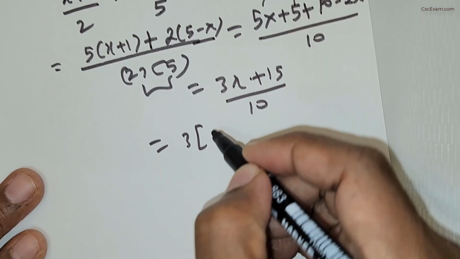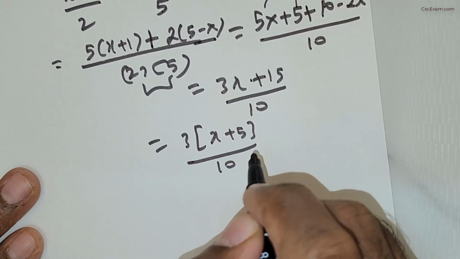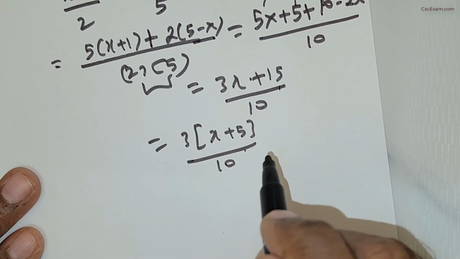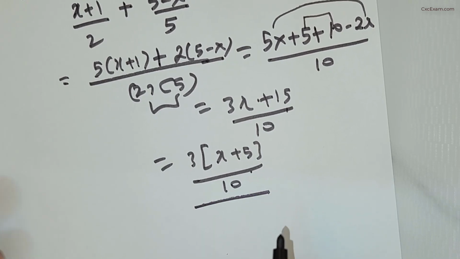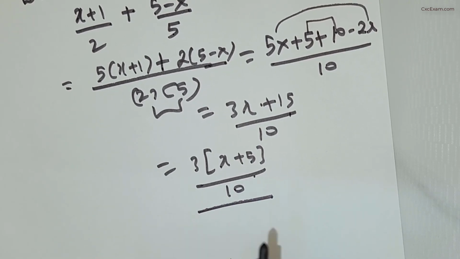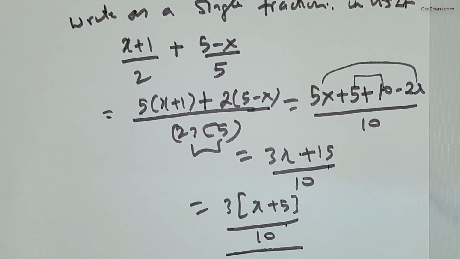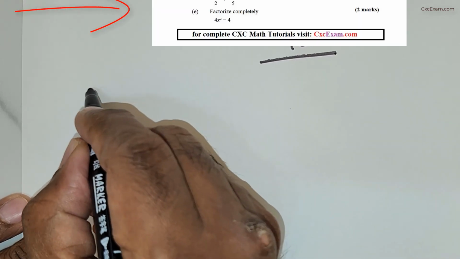Now take 3 out, you get 3 times x positive 5 divided by 10. You can either stop here or stop here. Both of them are okay. So having given you this, let me move on to the next question. So I hope you are able to watch this.